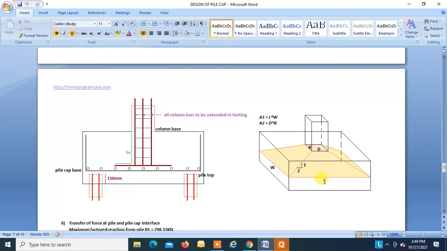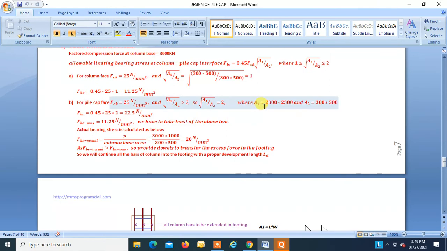This L into W will be your area A1, and this B into D will be your area A2. Put these values over here. A1 is 2300 into 2300, A2 is 300 into 500. So putting these values over here, we find that this is greater than 2, but the code says that we cannot take this value greater than 2, so we'll take this value equal to 2. So our FBC in this case will be 0.45 into 25 into 2, that is 22.5 Newton per mm square.